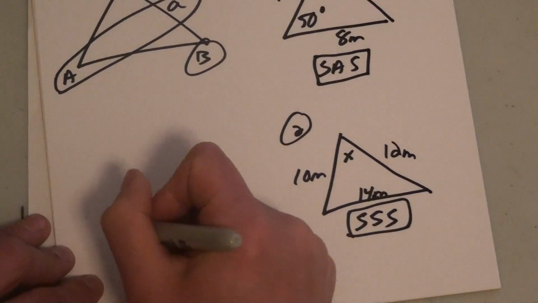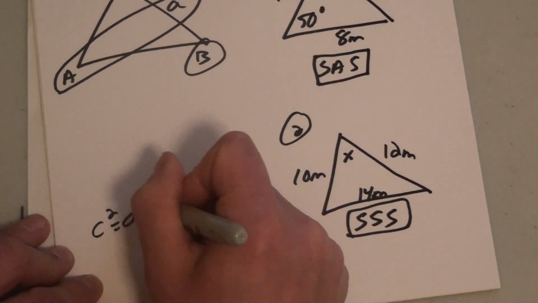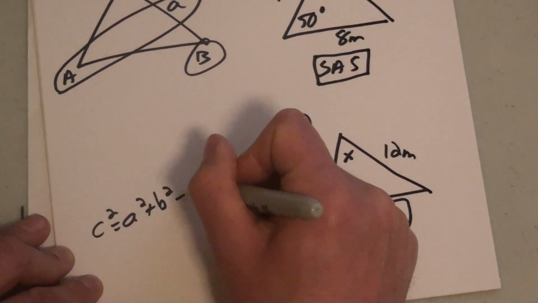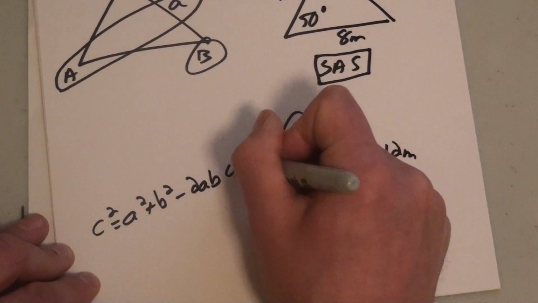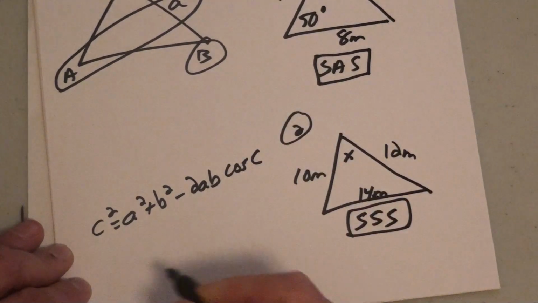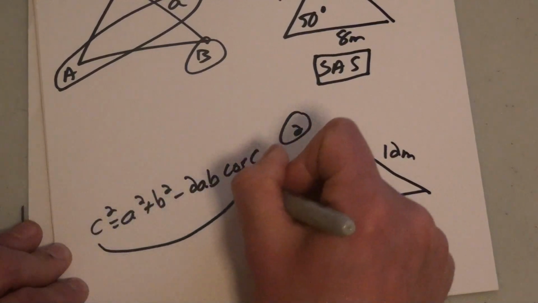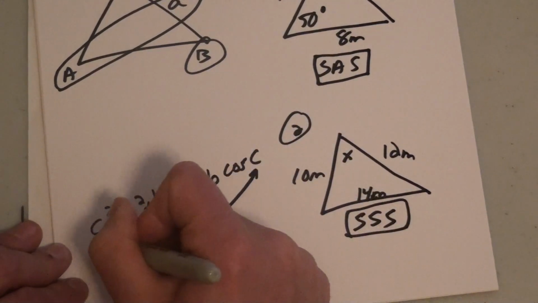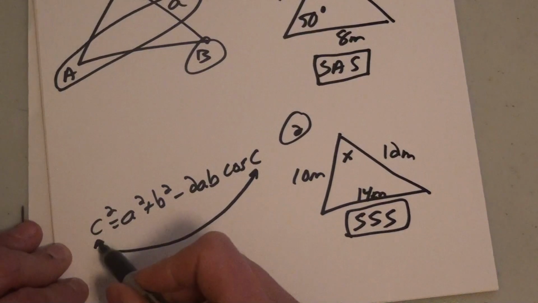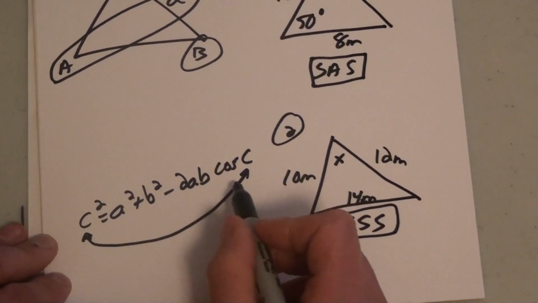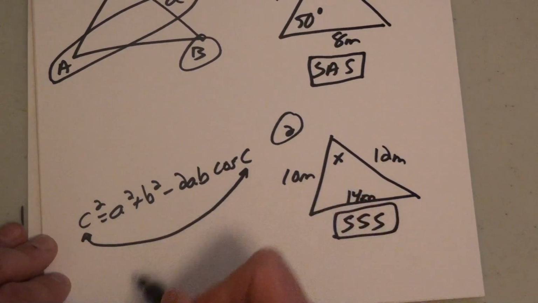The cosine law is c squared equals a squared plus b squared minus 2ab cos c. The only letters that really matter, the order you put things in, are the length c and the angle c. They need to be opposite each other. You won't have both those pieces of information, but one of them you'll be trying to find.